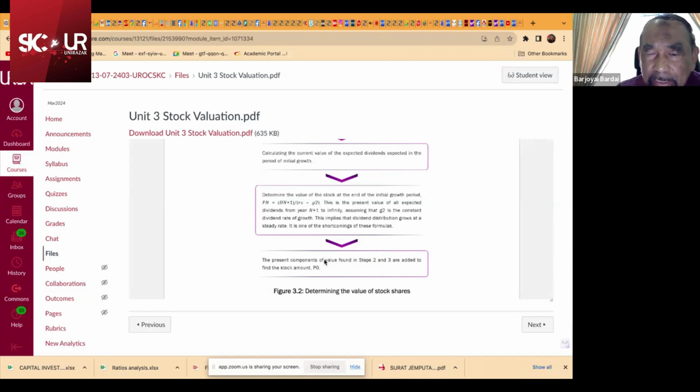Rs is the cost of capital, and G2 is the constant dividend growth rate. The present components of value found in steps 2 and 3 are then added to find the stock value, which is P0.